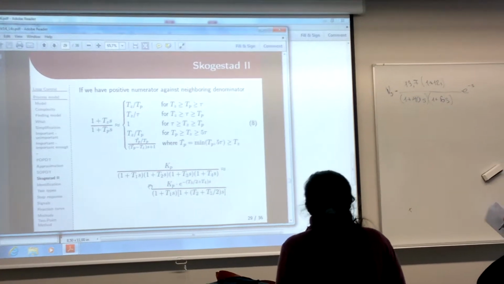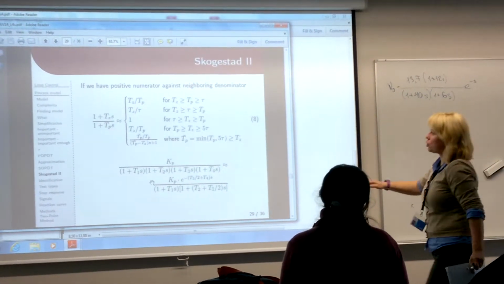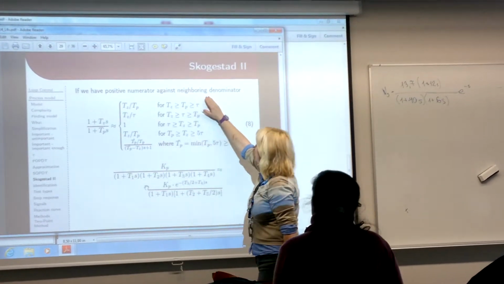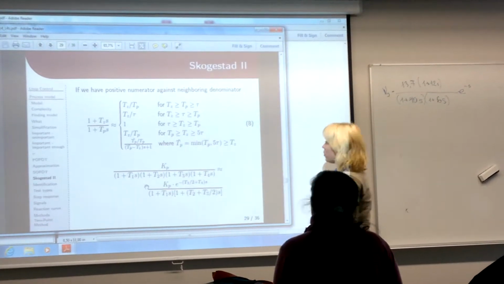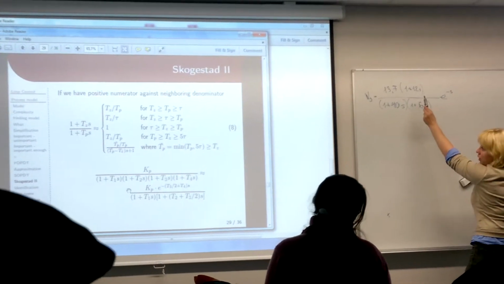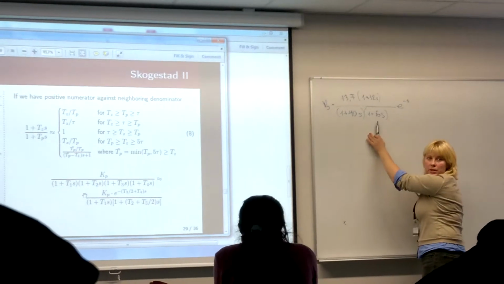So first of all, we should check. If we have a positive numerator, then we should find the neighboring denominator. What does neighboring mean? For example, our numerator is 12, so the neighboring will be 10, not 6.